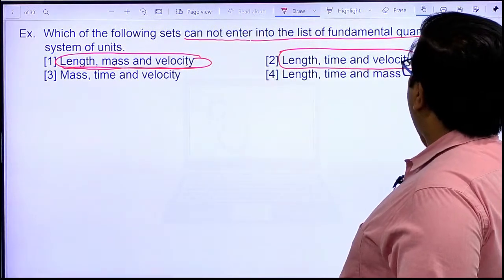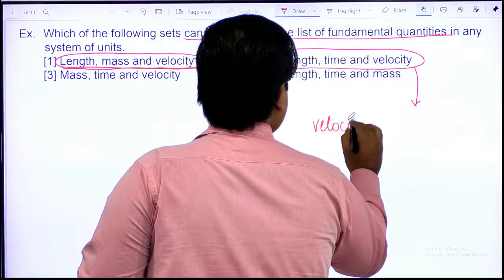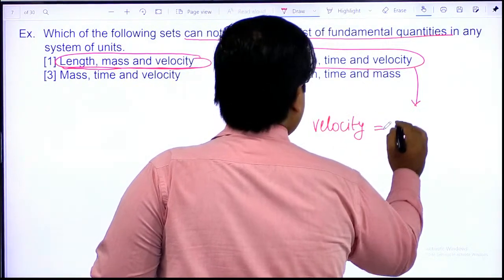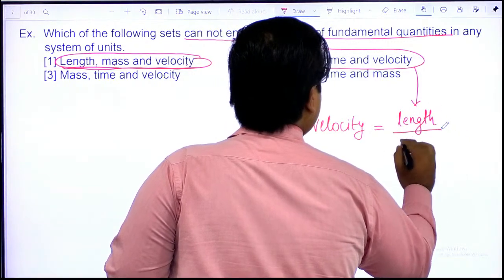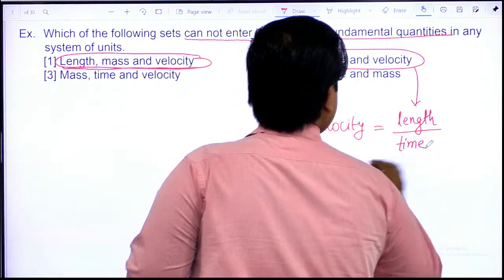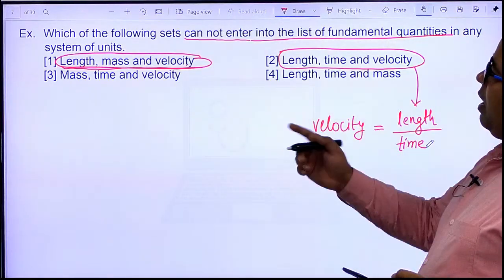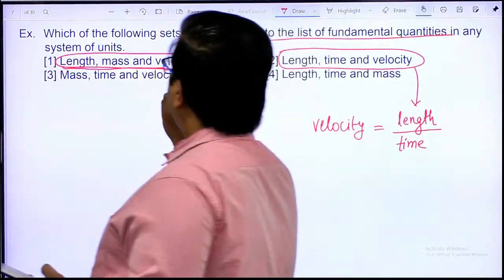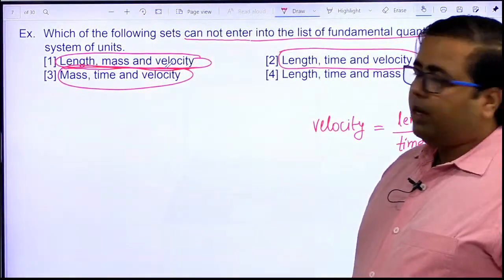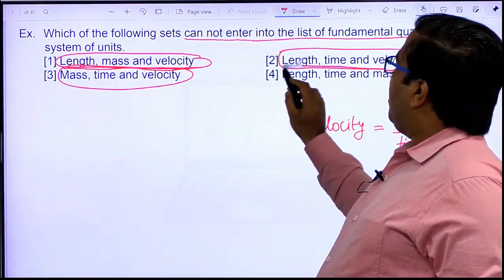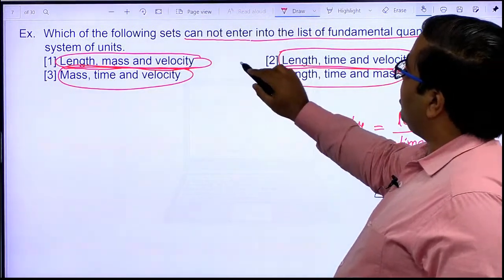You know that velocity is equal to length by time. Now, mass, time, and velocity are not dependent. You don't have any formula that can include all these three quantities. Length, time, and mass can also be taken as fundamental quantities. That means the second one is the answer.